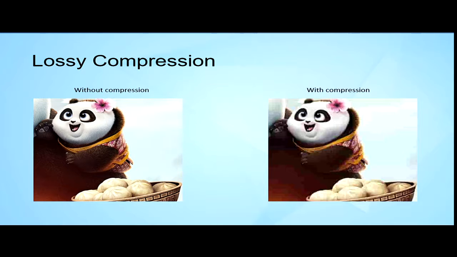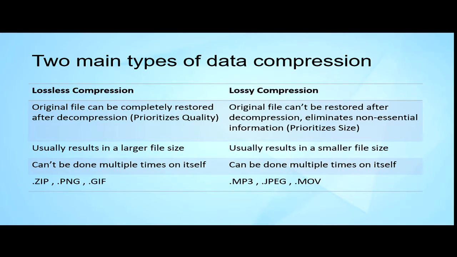Can you guys see that? Okay, it's a lot more obvious on my computer. I'm sorry that you can't see it there. If you look closely, the right is a lot more blurry. That is lossy compression.